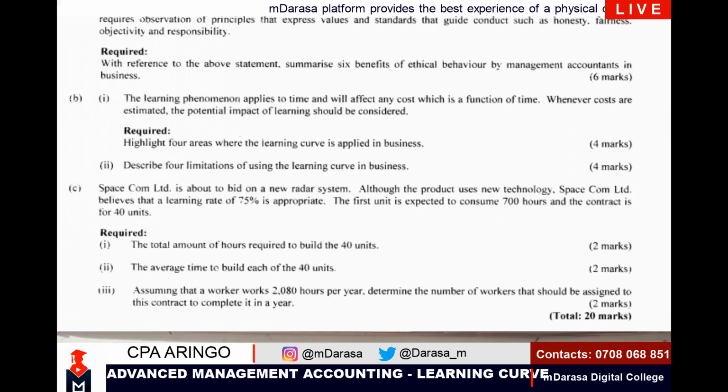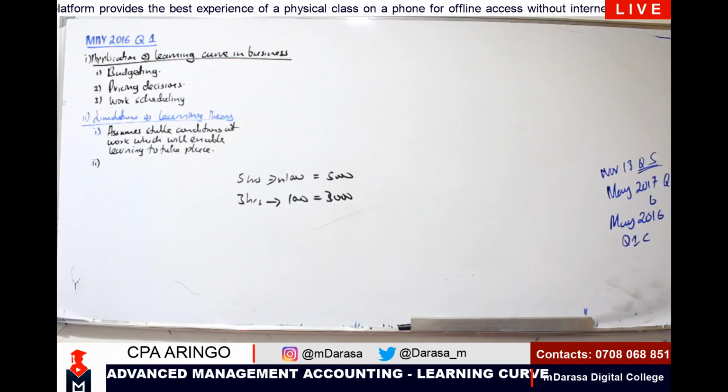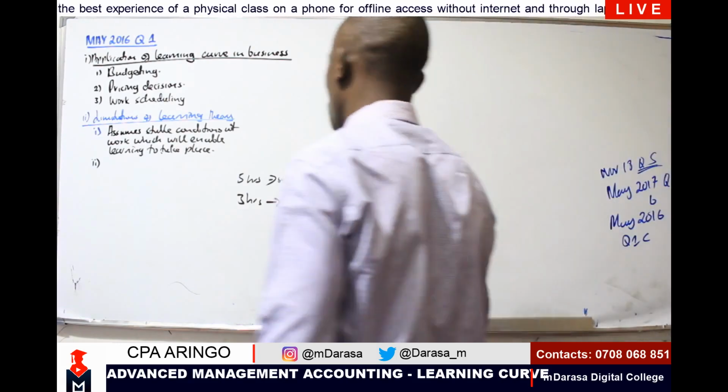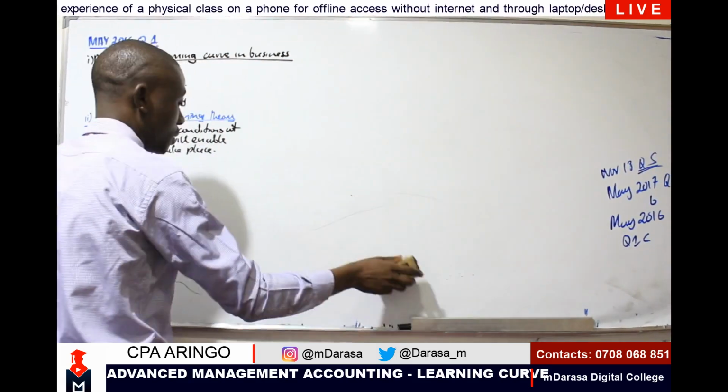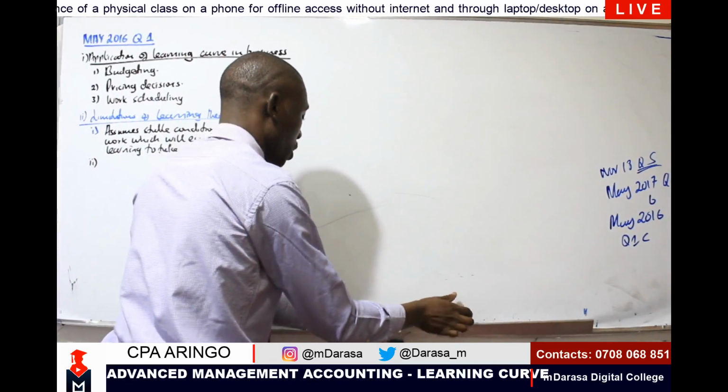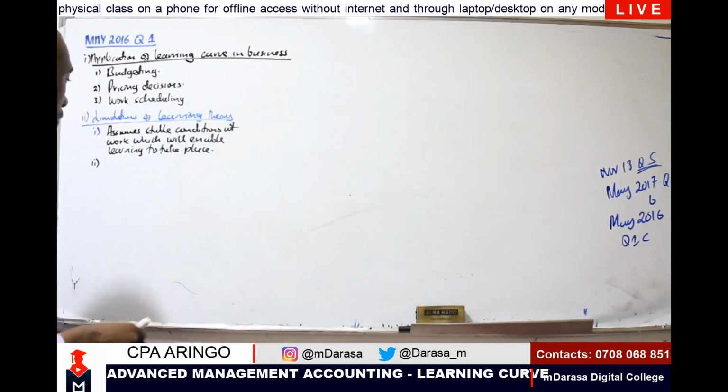So that's the question that I'm asked, my good student. Total hours required to build the 40 units. So the moment you're there, that is a point where I should recall the concept of learning curve.